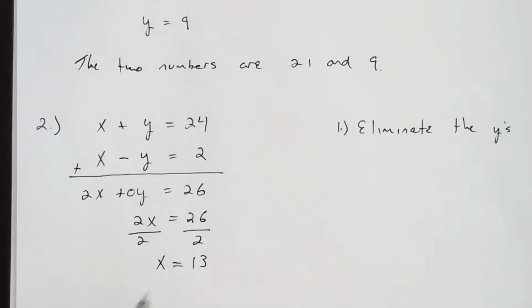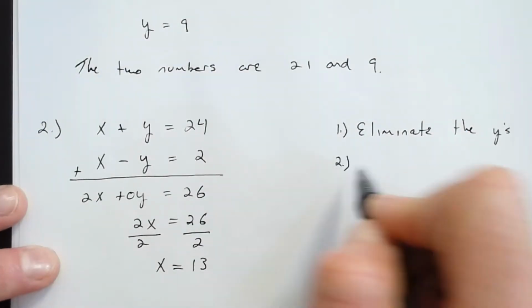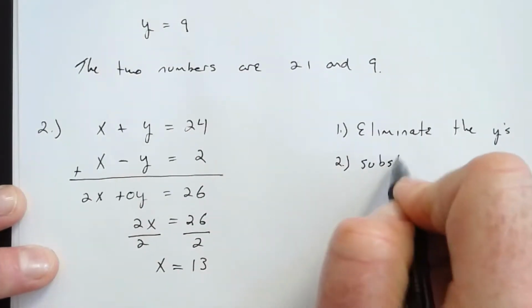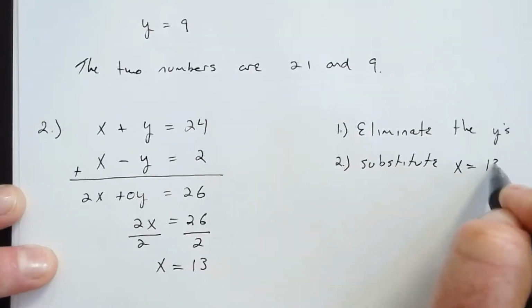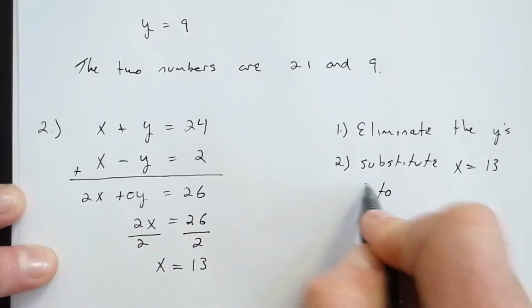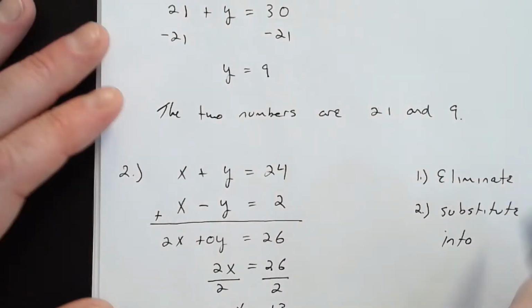So that's going to be one of our numbers. As with the first problem that we did, we substitute x is equal to 13 into which one of these? Into the first equation, because they're all positive numbers.